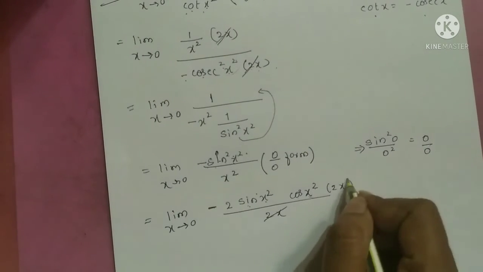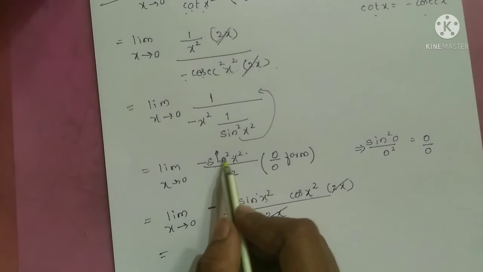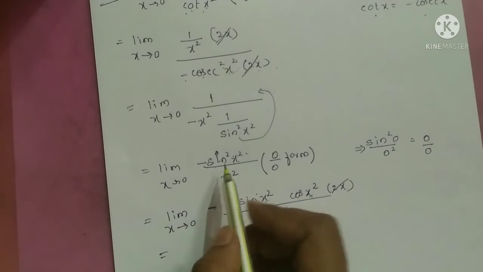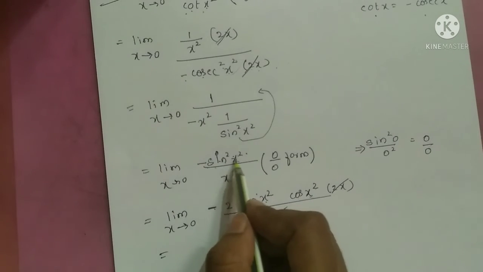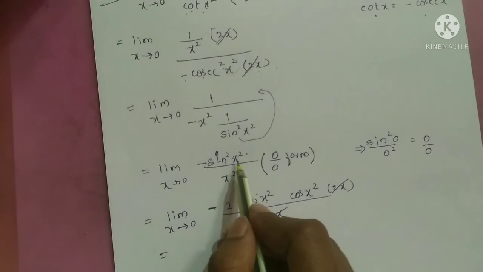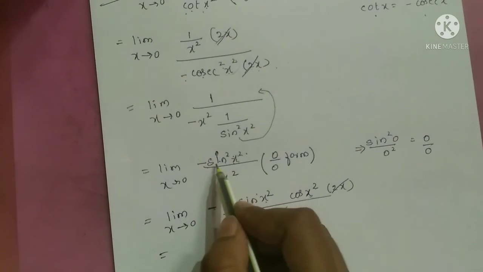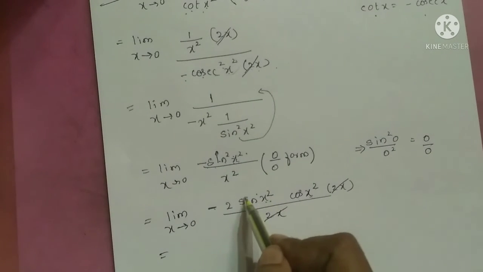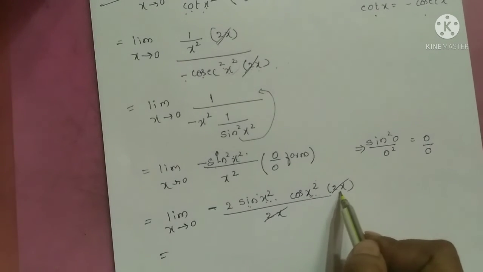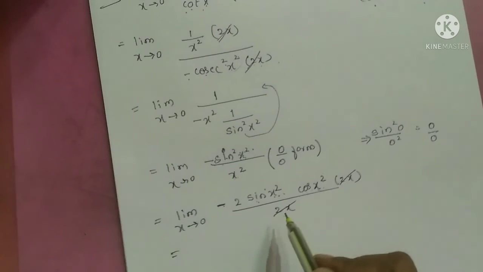So here 2x gets cancelled. Once again, look here at sin square x square. You have to treat sin square x square as x square. X square differentiation is 2x. Here 2 as it is, sin x square, and sin x square differentiation is cos x square. Again, x square differentiation is 2x in the numerator and denominator, so 2x cancels.